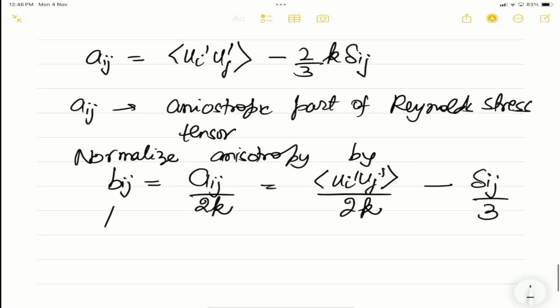So this is the normalized or non-dimensional anisotropic tensor.